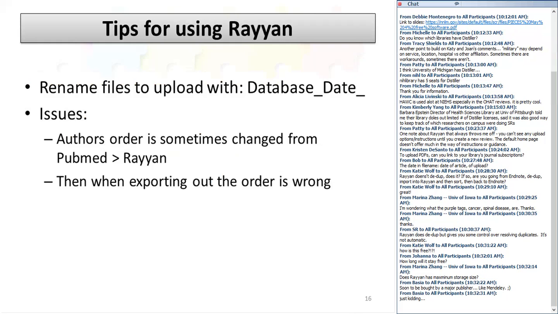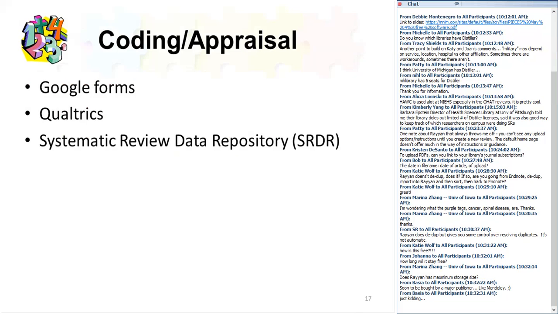Okay. So now a few more types of tools. So one thing that happens after they've done the sorting is they'll need to code the articles. So basically looking at the data, pulling the characteristics from each of the studies. And they also need to do that appraisal part. So there's different tools for that.